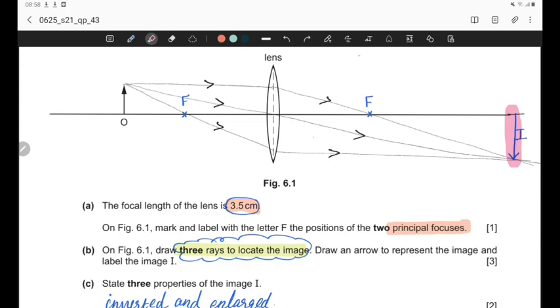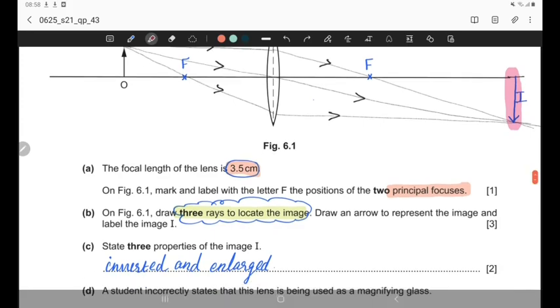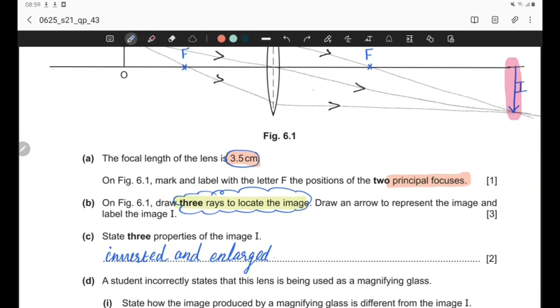That's why we are getting a magnified or enlarged image. And this image is actually formed by real rays. So the image is real. That is the second point you should write in order to score full marks.